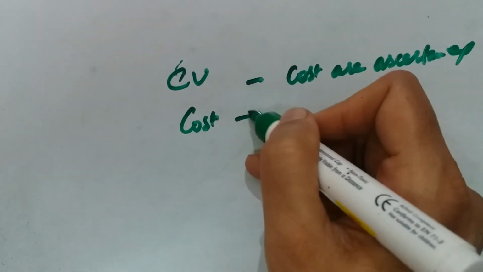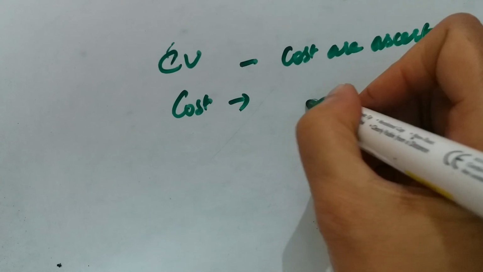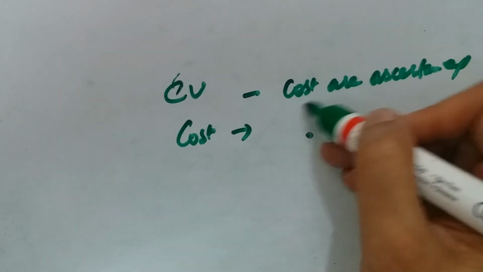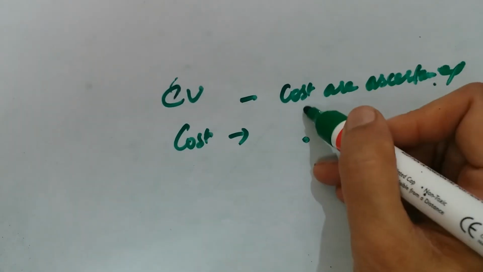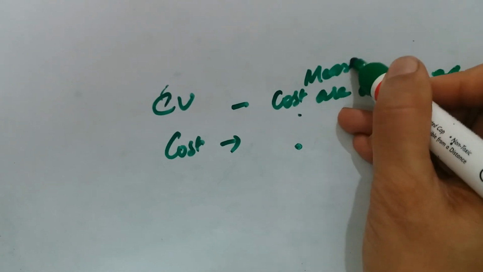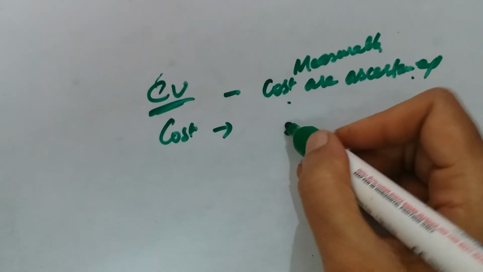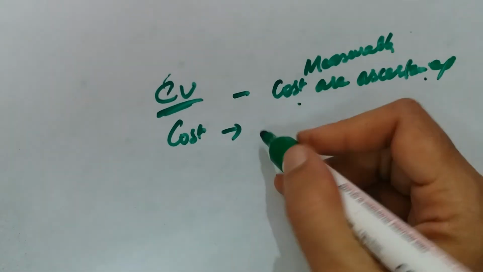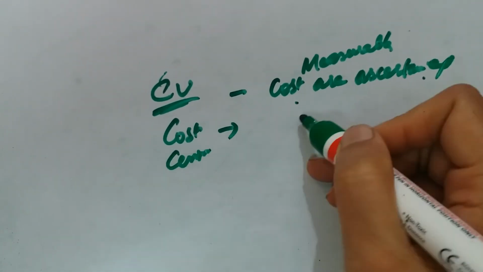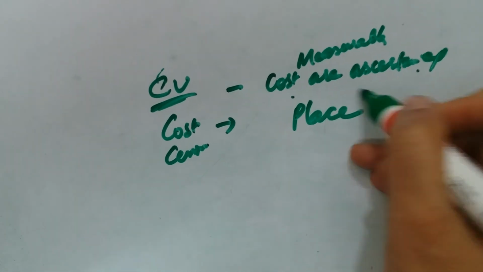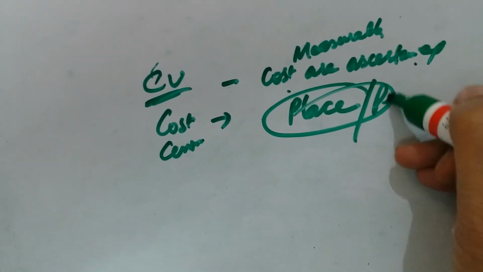A cost center is the smallest segment or area for which the costs are ascertained. A cost unit is measurable, quantifiable in quantity terms. And a cost center is a place, that is, a particular place or person.